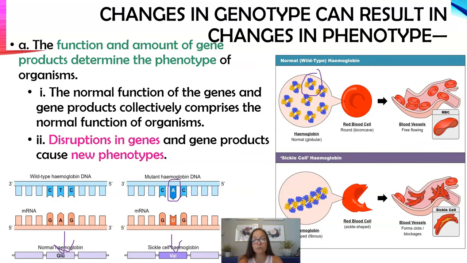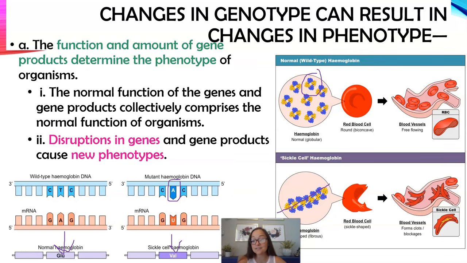However, those R groups that influence the folding in the secondary, tertiary, and quaternary structures are now different. And now, instead of a round hemoglobin shape, this mutation causes the protein to be more straight, all from one change in one nucleotide, one mutation.